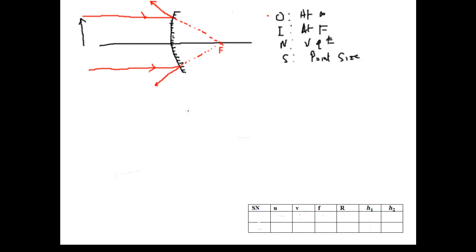Let us look into the second diagram now. Second diagram, you can place the object anywhere between infinity and the pole of the mirror. Any ray parallel to the principal axis passes through focus after reflection.